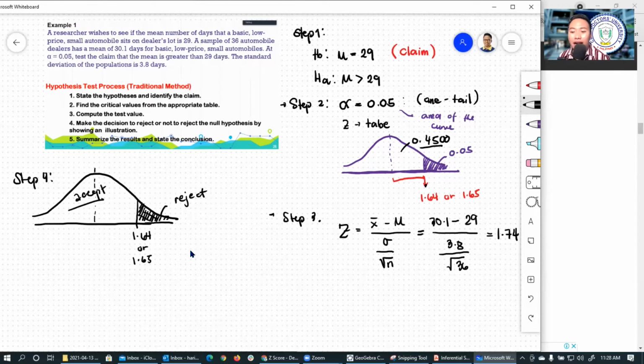Now, the value 1.74, where does it belong? The value 1.74 that we just solved as our test statistic, does it belong in the acceptance region or the rejection region?